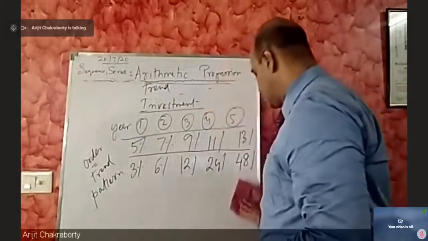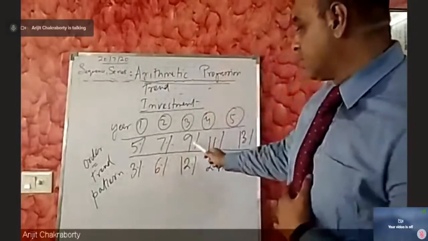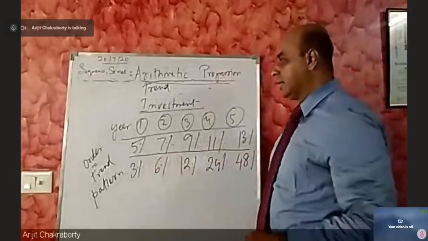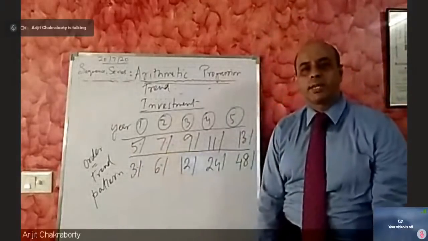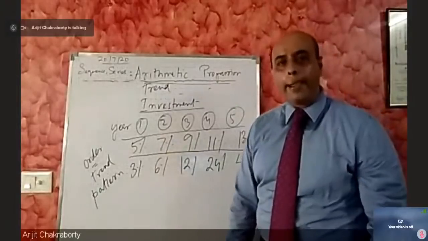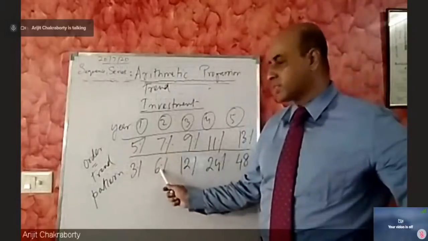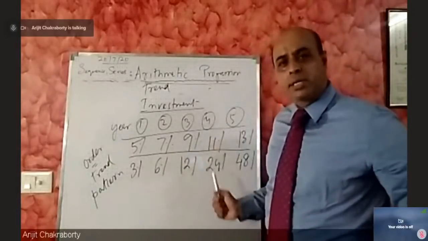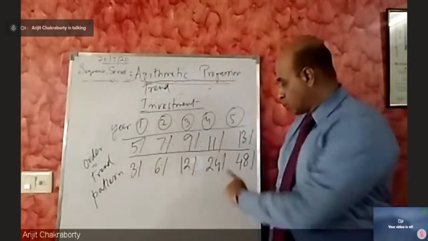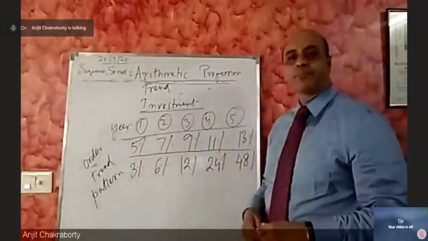The first series we had was 5, 7, 9, 11 and 13. Now say there is another investment scheme where you are getting 3% in the first year, 6% in the second year, 12% in the third year, 24% in the fourth year and a whopping 48% in the fifth year.